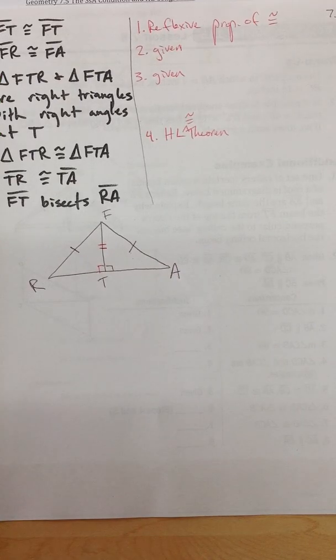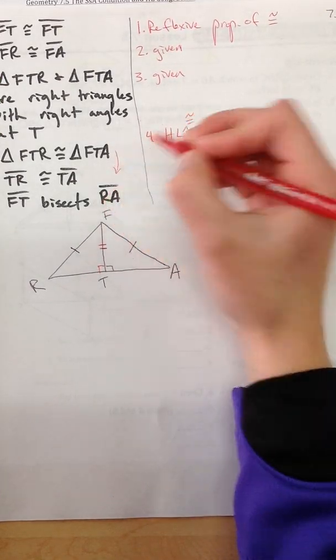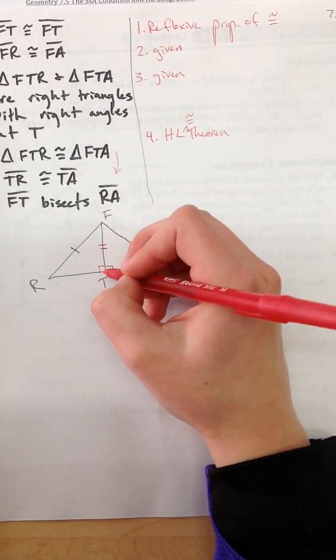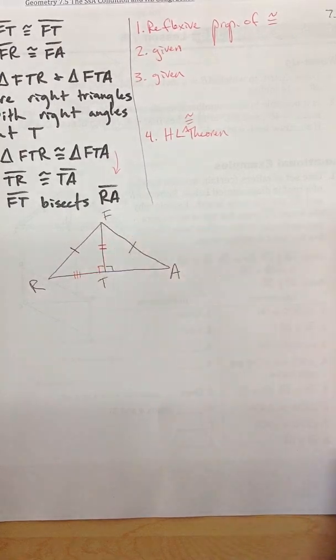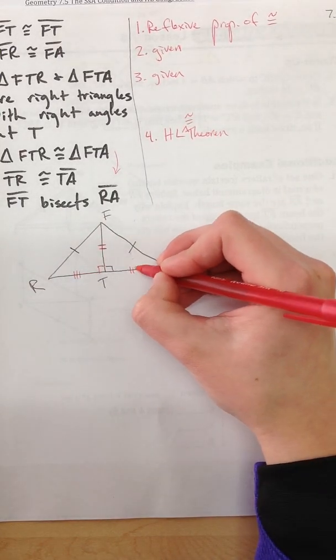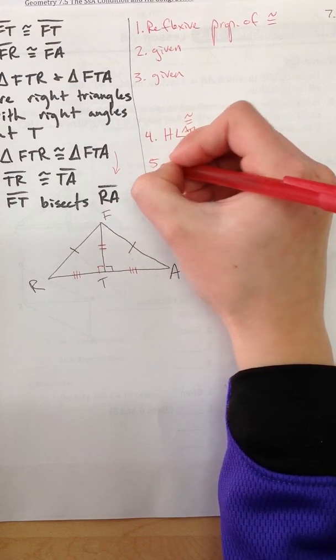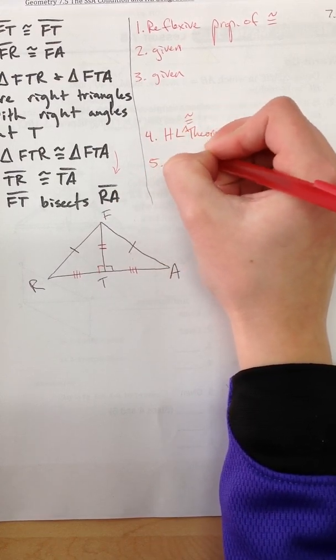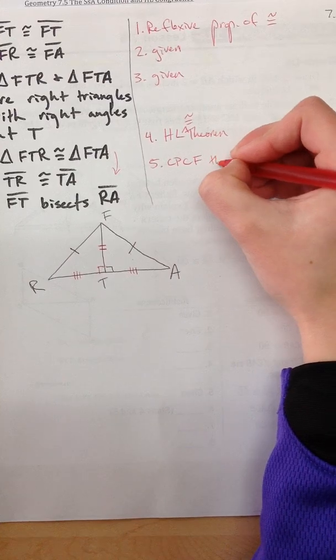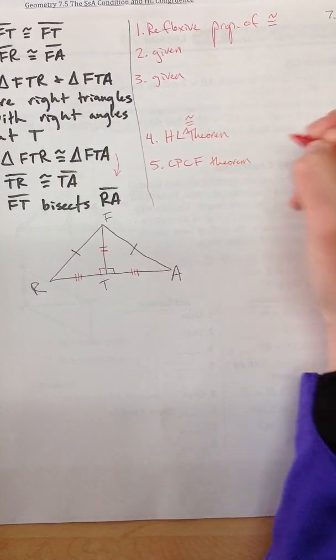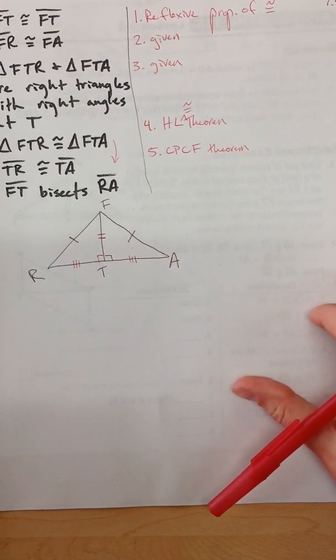So now that we know they're congruent, we can jump to TR, from there to there, is congruent to TA. So whole thing is congruent to part of it's congruent. That's got to be CPCFC, the corresponding parts of congruent figures theorem.